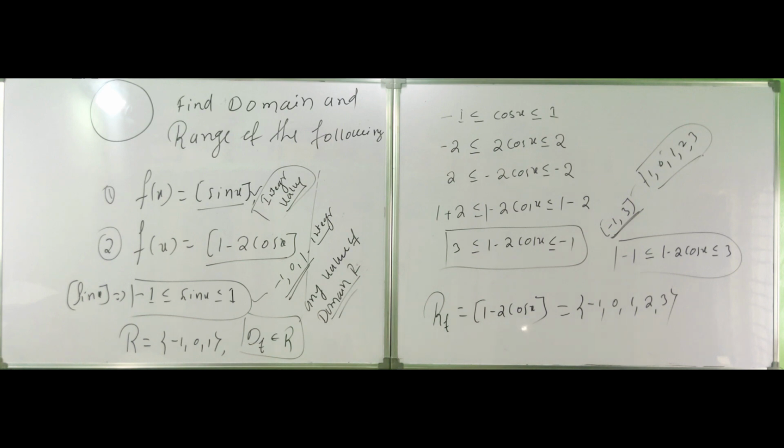Are both the same or different? 3 is less than 1 minus 2 cos x, and 1 minus 2 cos x is less than minus 1, or minus 1 is less than 1 minus 2 cos x, and 1 minus 2 cos x is less than 3.